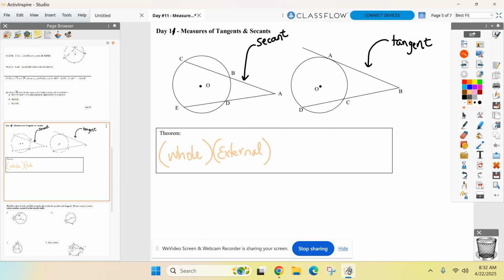So I take the whole thing times how long it is on the outside, and I set that equal to, there's always going to be two of them. Two secants, or a tangent and a secant. So I do the same thing on the other one. I take its whole length and multiply it by its external part. Whole times external for tangents and secants.